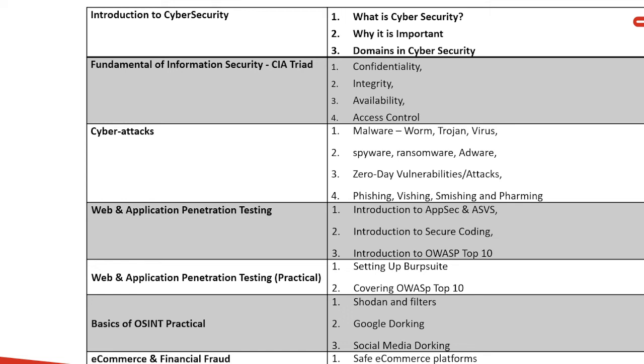I hope that you are understanding the cost and impact associated with cyber attacks, because if any cyber attack or data breach is happening, it comes with a cost. That cost comes in terms of revenue, and also in terms of the reliability of the organization.